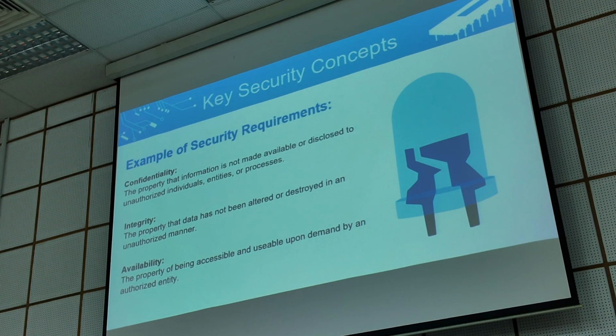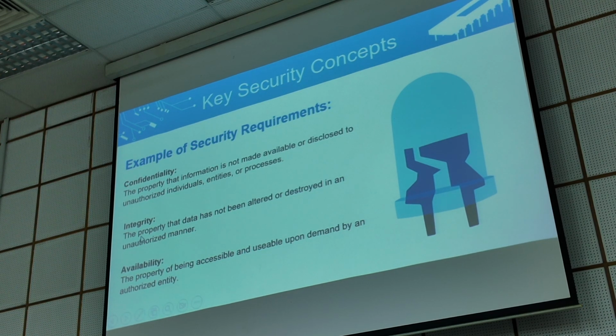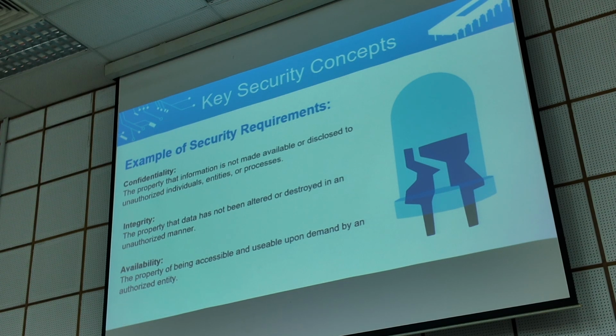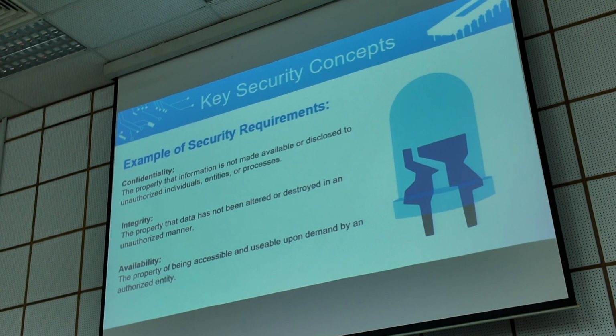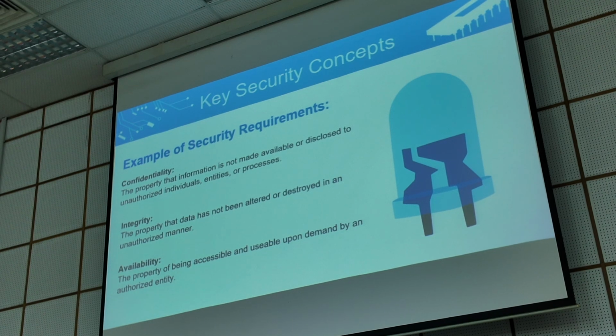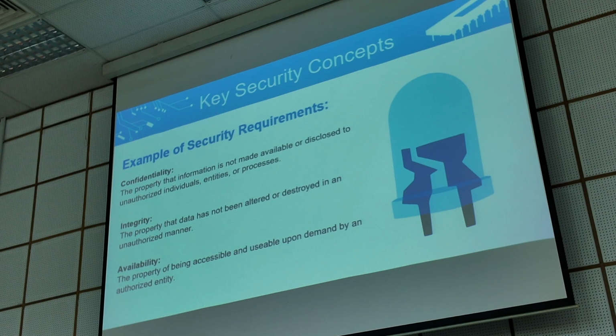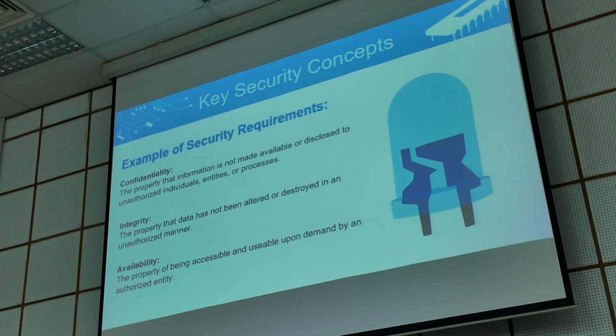The third one is availability. What does availability mean? It means the system is available. When a user wants to access the system, you make sure that the system is always available to the user, although the system has been hacked by others.